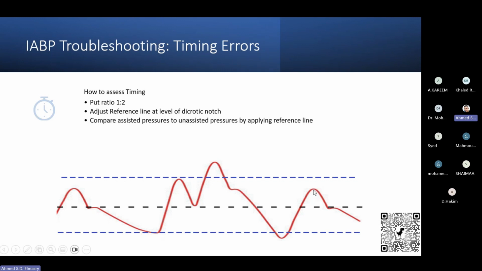Normally, the assisted systolic pressure should be at a lower level than the unassisted systolic pressure. So this is the perfect position of the assisted systolic pressure.